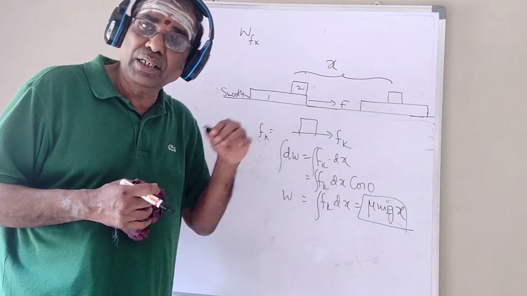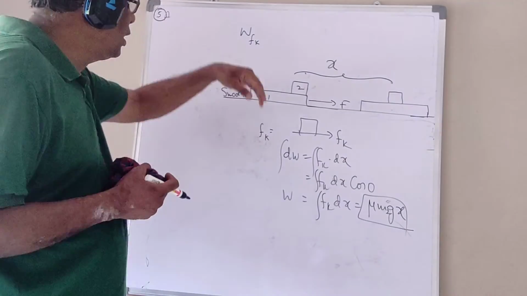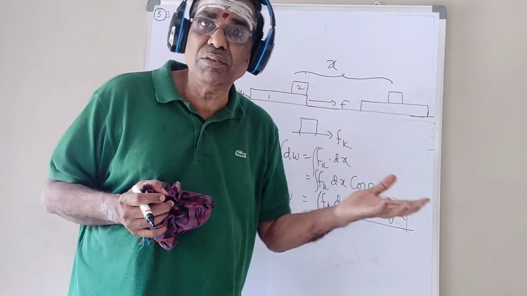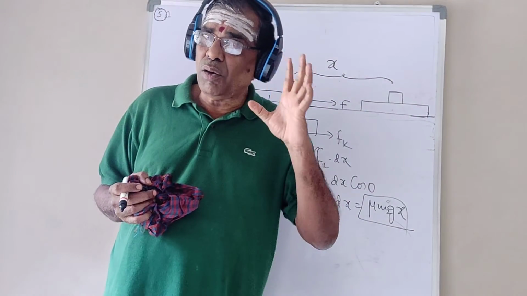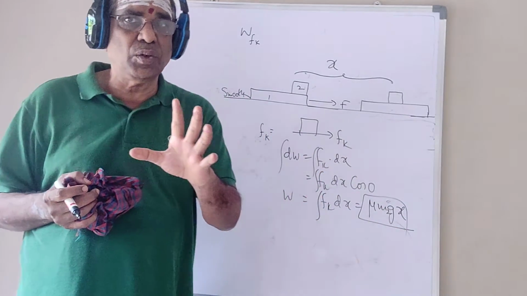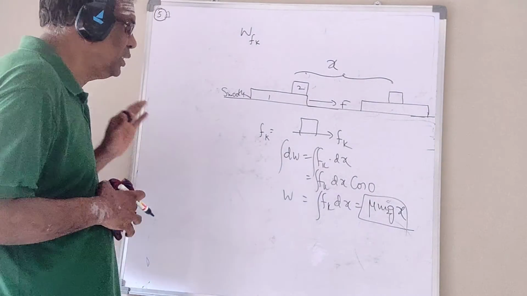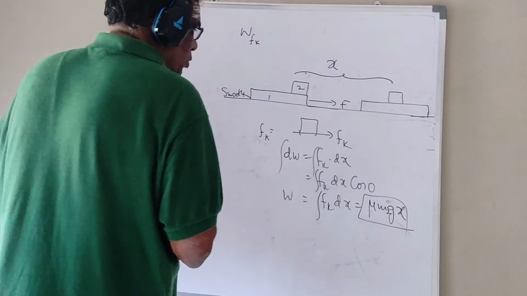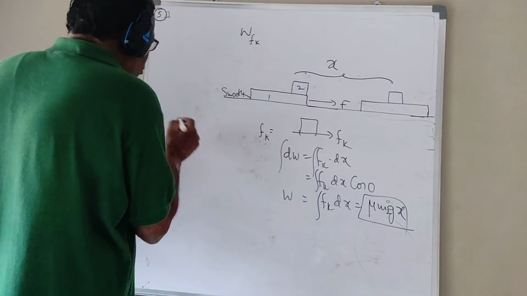Work done by kinetic frictional force can be positive, can be negative. Work done by static frictional force can be positive, can be negative. It is wrong to presume that all the time the kinetic frictional force will give negative work. No, no. Please be careful about this. I'm talking of on body M2.